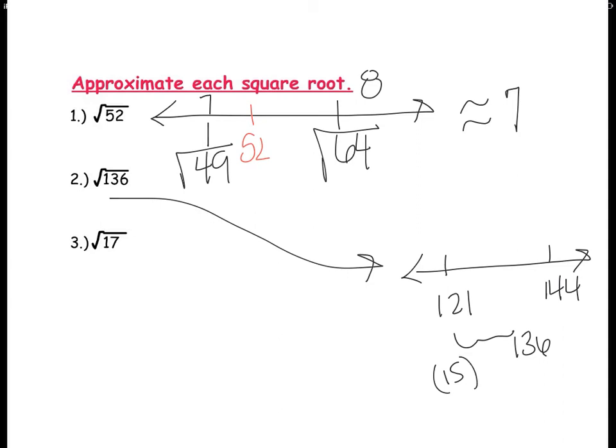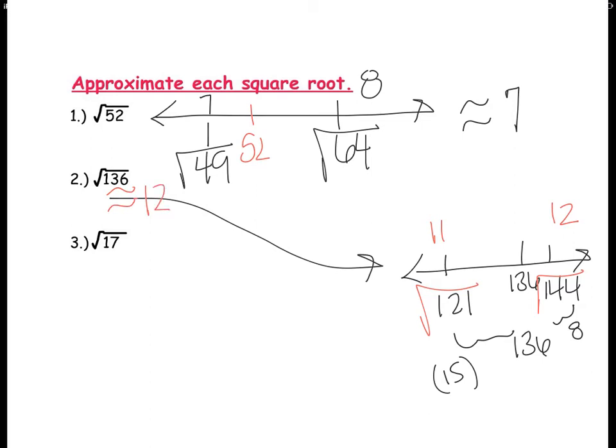From 136 to 144, I would go up 8 spots. So it's closer to 144. So the square root of 144 is 12. Square root of 121 is 11. And so since 136 is closer to 144, we will say the square root of 136 is about 12.